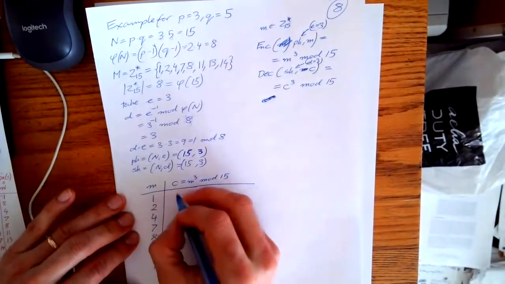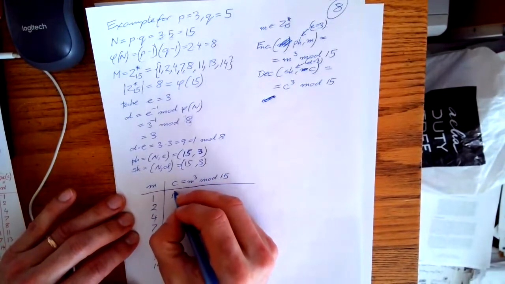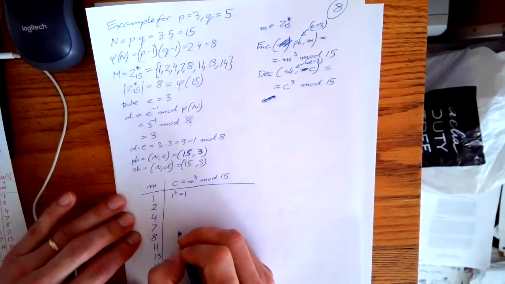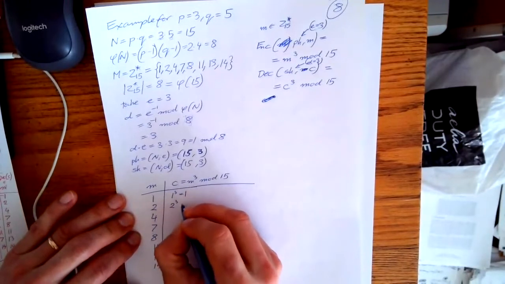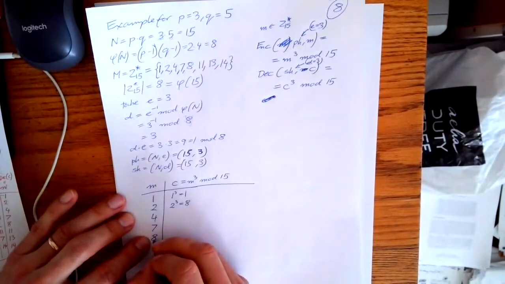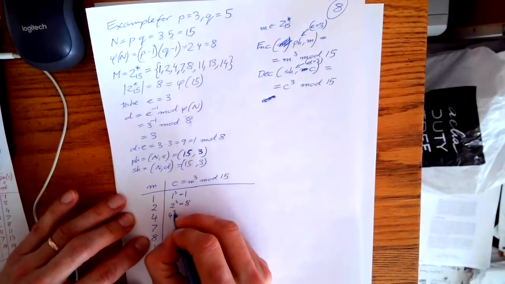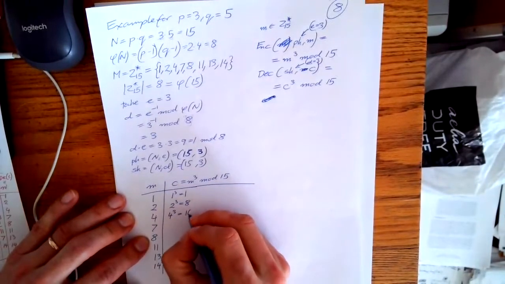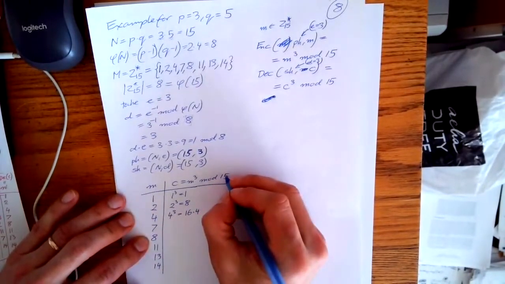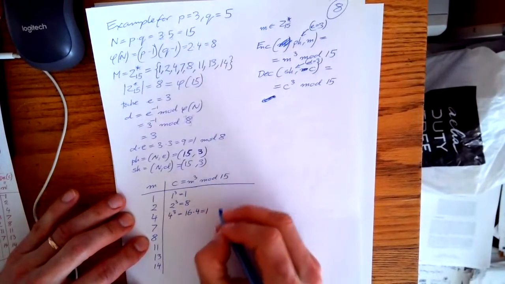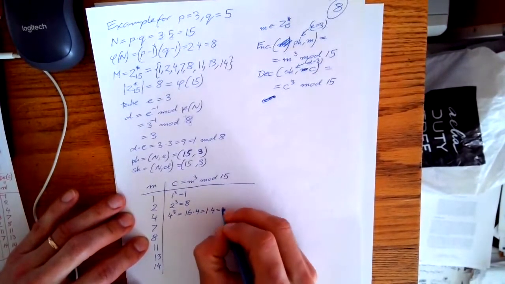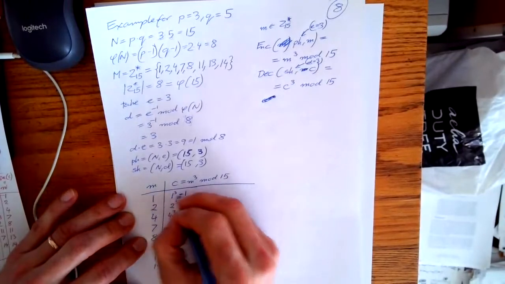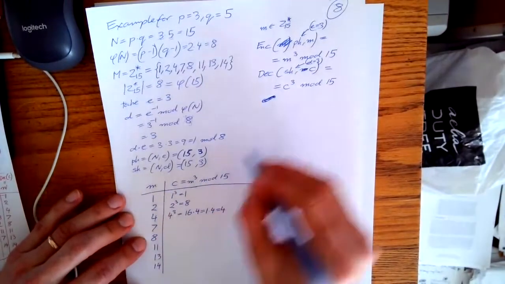Well, 1 to the 3rd is very simple, it's just 1. 2 to the 3rd is 8. 4 to the 3rd is like 16 times 4. 16 is 1 mod 15, so it's 1 times 4, so it's just 4. So this is mod 15 operations.